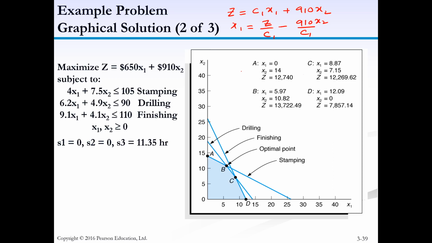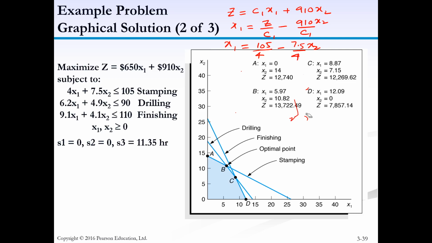We do the same for the three constraints, so we find the slopes for the three constraints here. x1 equals 105 over 4 minus 7.5 x2 over 4.